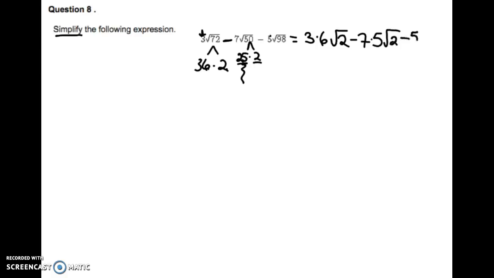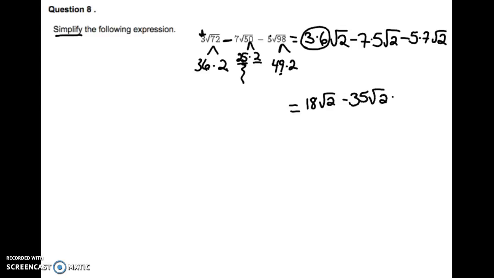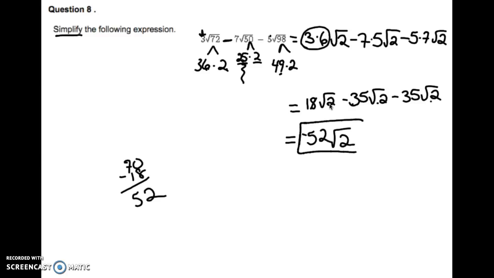Minus 5. 98 is 49 times 2. Square root of 49 is 7. And we're left with the 2 underneath. So multiply our numbers out front. So 18 root 2 minus 35 root 2 minus 35 root 2. Now because all of the radicals are the same, we can keep that square root of 2. 18 minus 35 is negative 52.